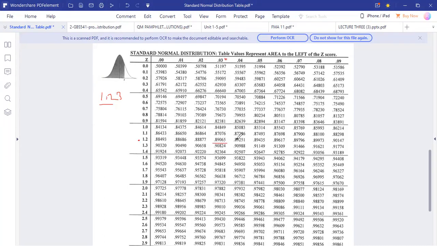So the reading will be 0.89065. Now help me, how do we find the reading for 1.64?